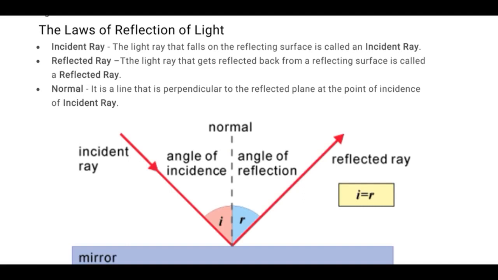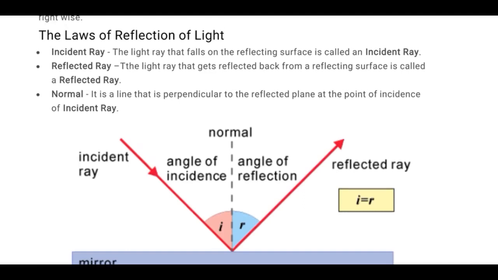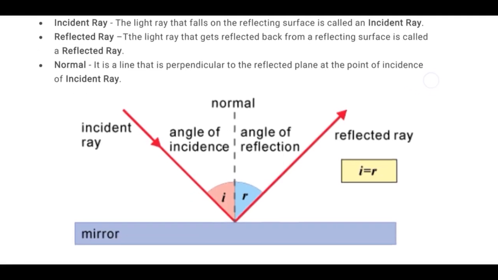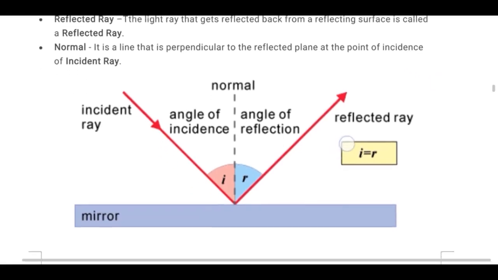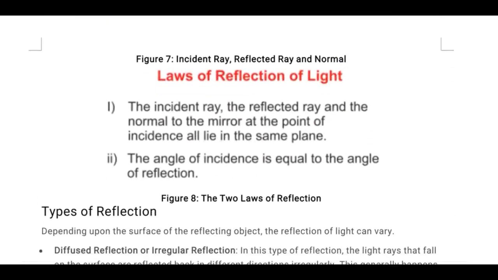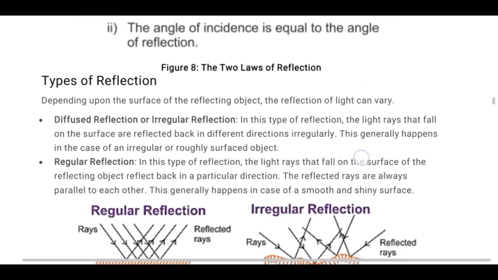And the second law of reflection. If the plane mirror is regular, according to the second law, the angle of incidence is equal to the angle of reflection if the light rays fall on the regular surface. So this is the second law of reflection. And what are the types of reflection that take place?